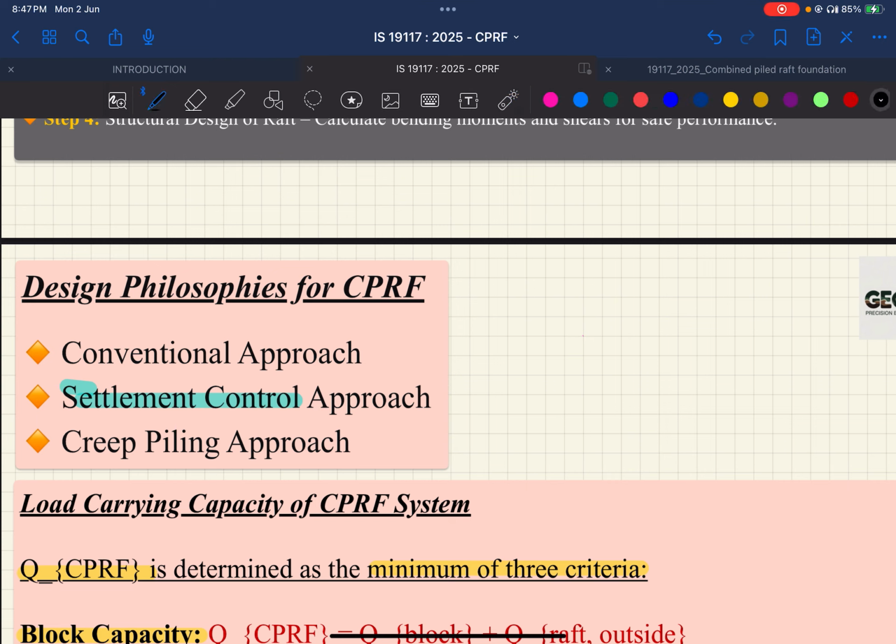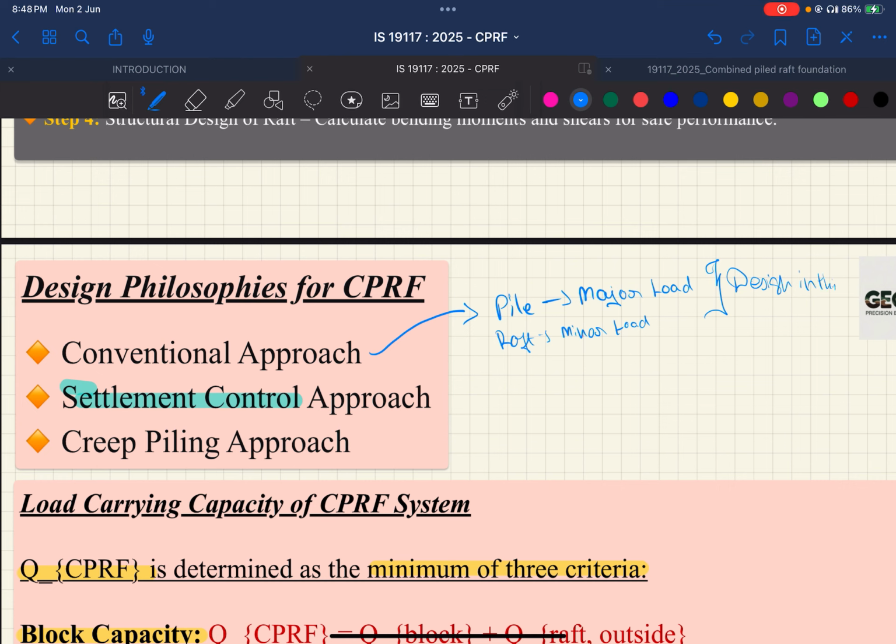In conventional approach, piles are designed to carry the full structural load, where piles will be taking the major load and raft will be taking the minor load. This is how it is designed in this approach.